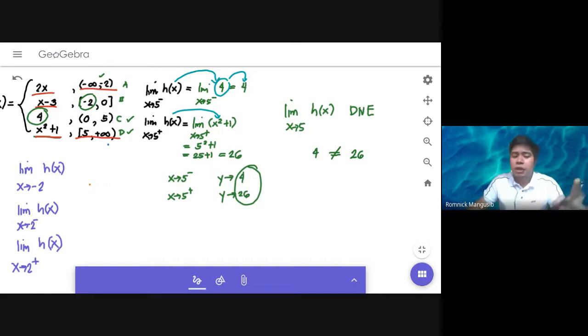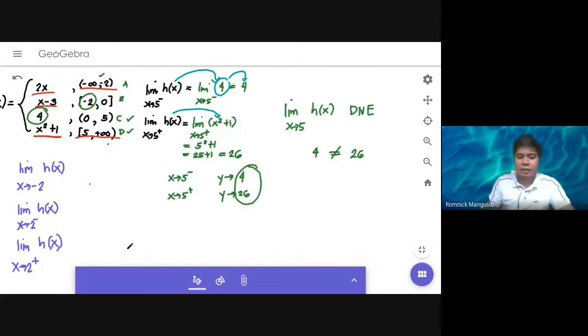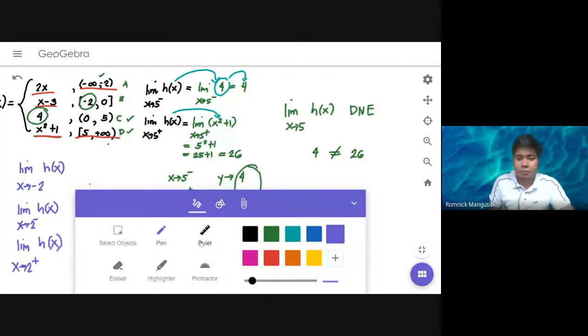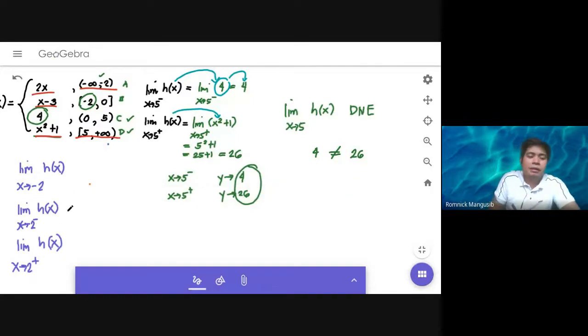Okay, hindi nyo kayang sagutan agad yung una kasi kailangan mong unahin yung left and right. That is a clue here. You need to first answer left and right limit. The one-sided limits muna yan. Okay, mag-start tayo sa left. Left of -2, sabi niya. Saan dito napapabilang ang left of -2? It is obvious on letter A interval.